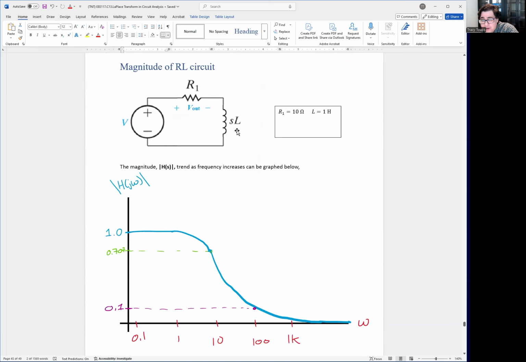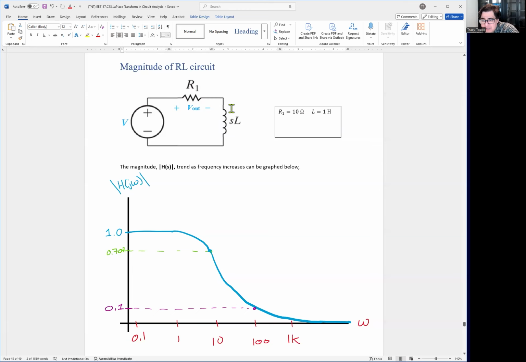And think circuit-wise about what's happening. At very low frequency, what's the impedance of an inductor? It's 0, right? The impedance is 0, so all your voltage on the source is going straight to the output. Now, as the frequency gets higher, your impedance here gets bigger. sL gets bigger.